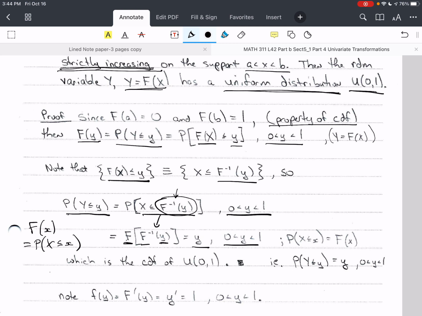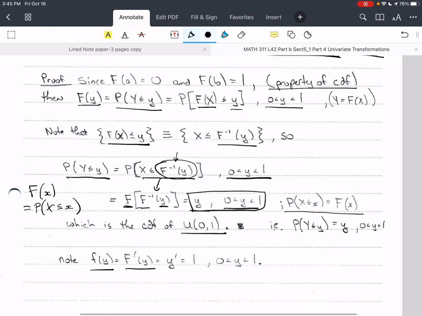So for y between 0 and 1, the probability that Y is less than or equal to y is equal to y, and this is the CDF of the uniform 0 to 1. If I take the derivative of F of y, I get little f of y, the derivative of y with respect to y, which is equal to 1.